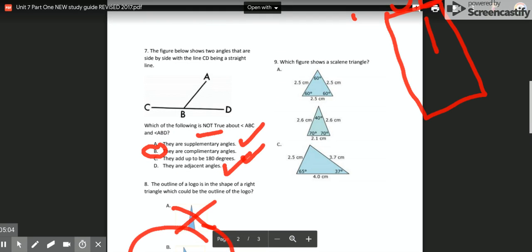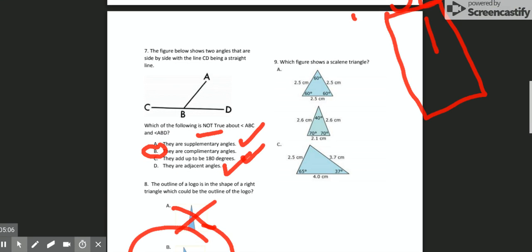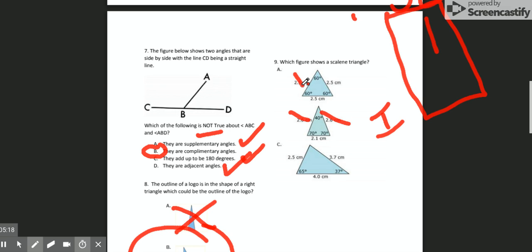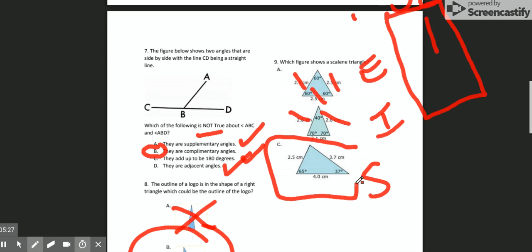On number 9, which one shows a scalene triangle? So scalene means that all three sides are different. So if you look at this one, 2 and 6, 2.6, that's going to be an isosceles triangle. This one, they're all the same, so that's going to be an equilateral triangle. And this one that has them all different, that one's going to be your scalene triangle. So C is your answer.